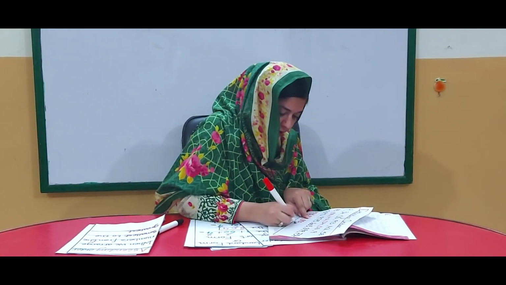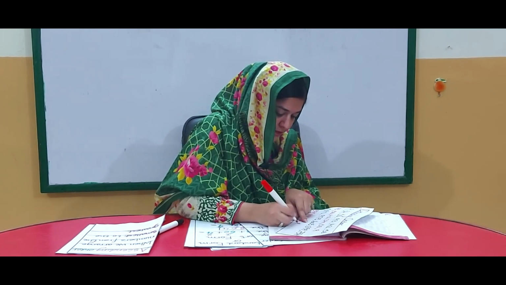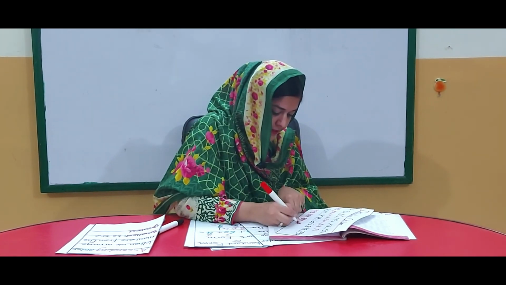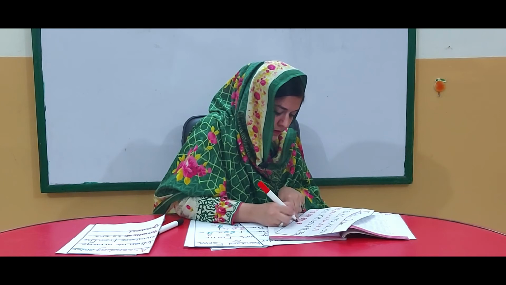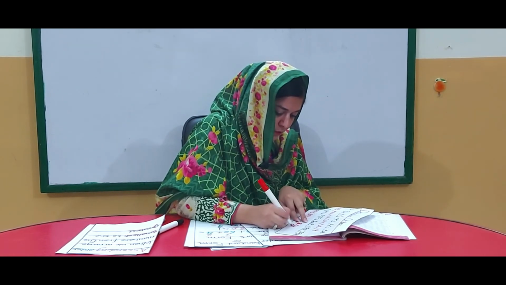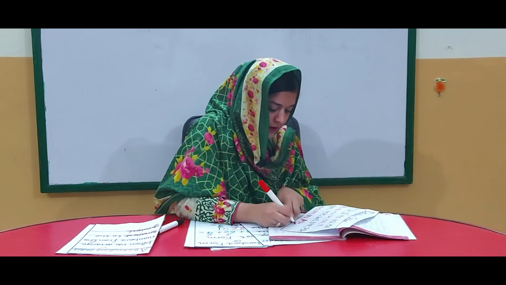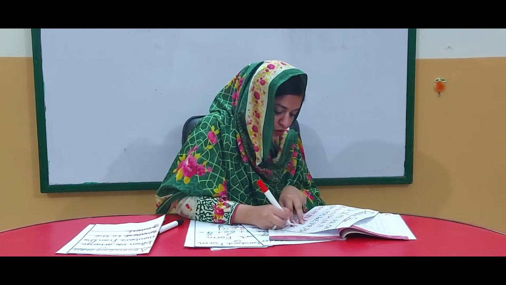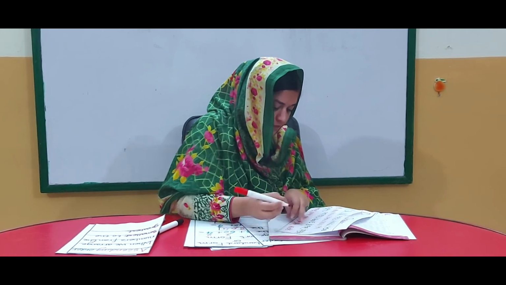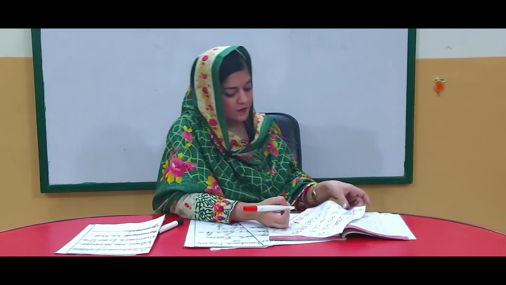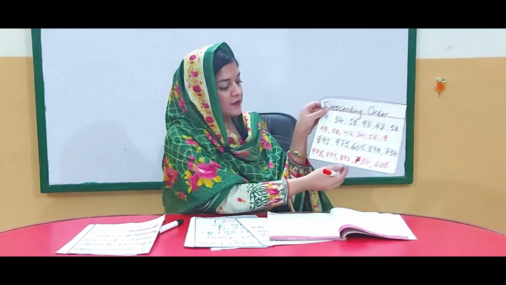Let me write it for you. 891, then 734, then 605. Clear? Yes, I have done the series for you.